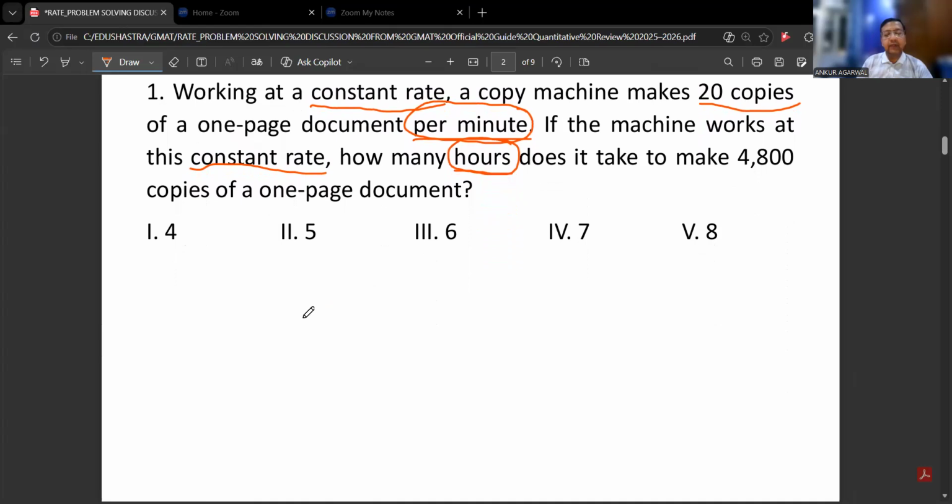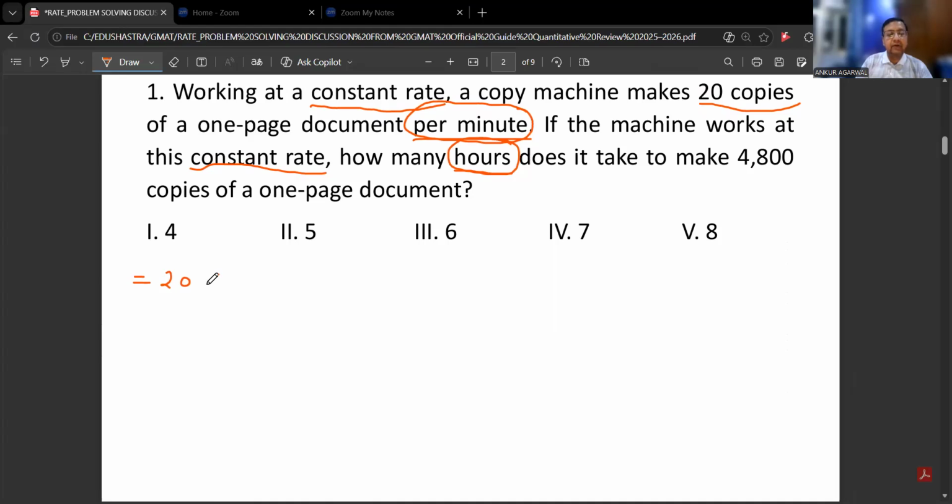There are 20 copies per minute. This is the rate of working of the machine. We have to calculate the answer in hours. If 20 copies in 1 minute, then in 1 hour, how many minutes? 60 minutes.